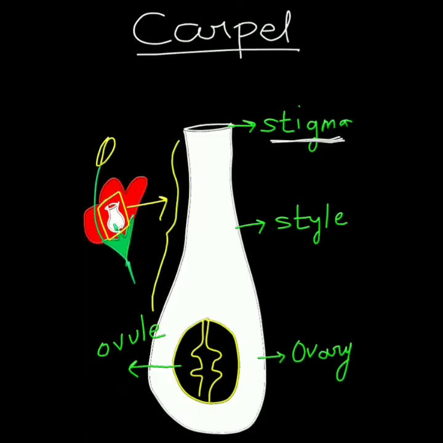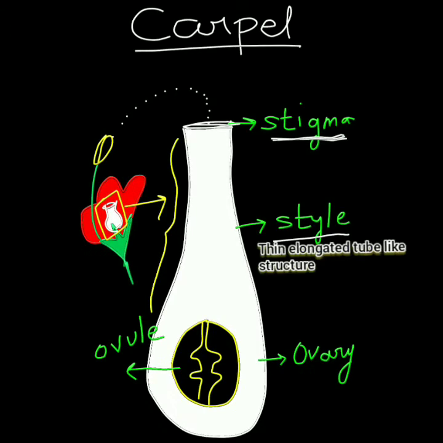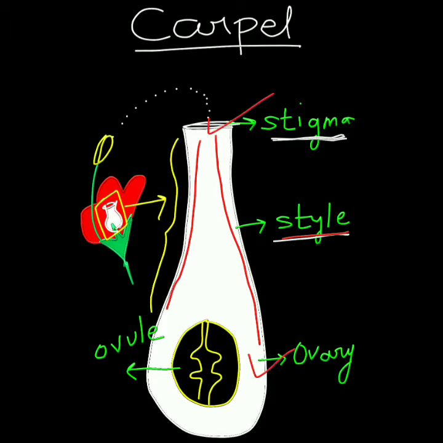Stigma is the sticky swollen tip of the carpel that forms the surface for receiving the pollen grains. Next part is style. So it is the thin elongated tube-like structure that connects the stigma to the ovary.